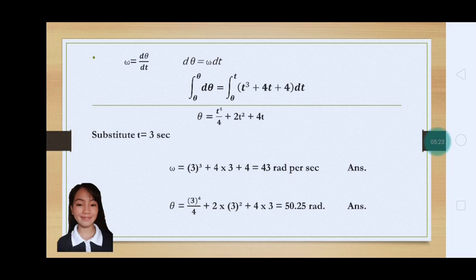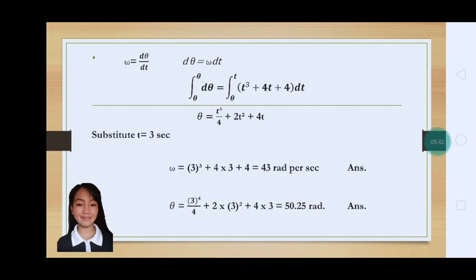So, how do we get the theta? We need to use the formula omega, or the angular velocity, is equal to d theta over dt.